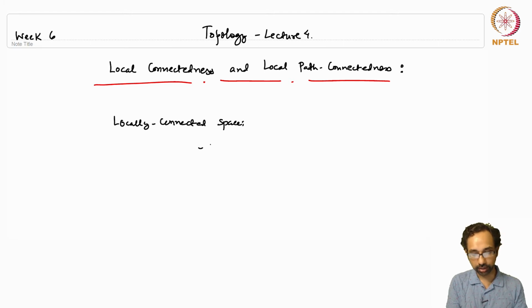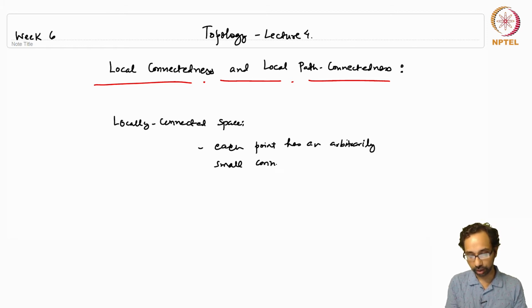So the idea is that each point has an arbitrarily small connected neighborhood.